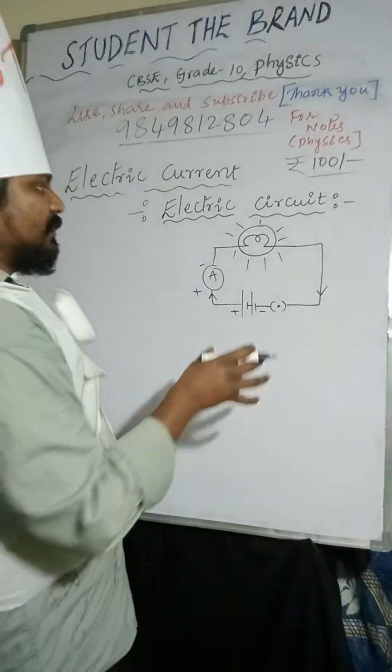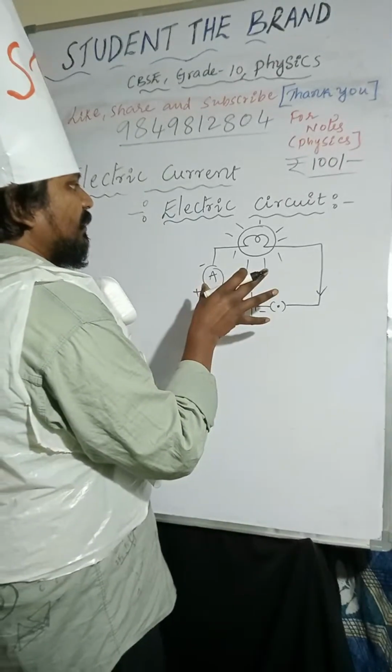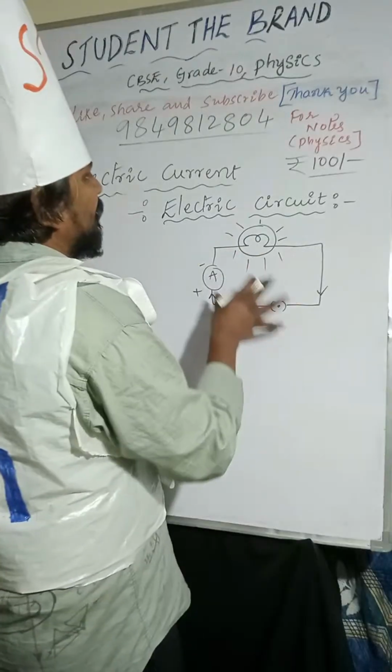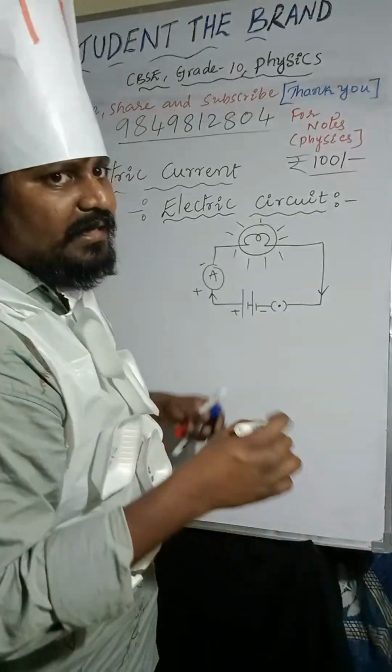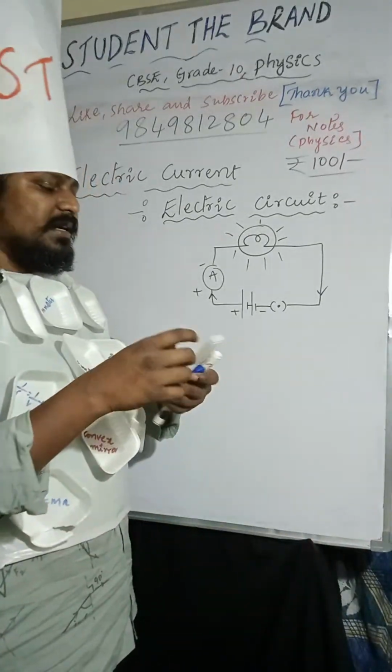So a continuous and closed path of an electric current is known as an electric circuit.